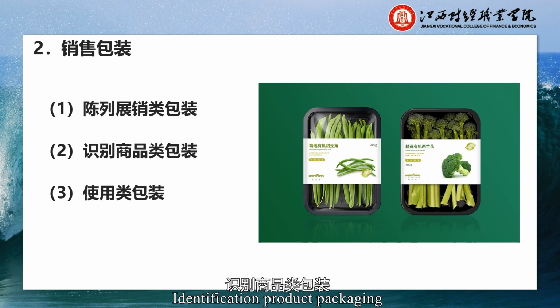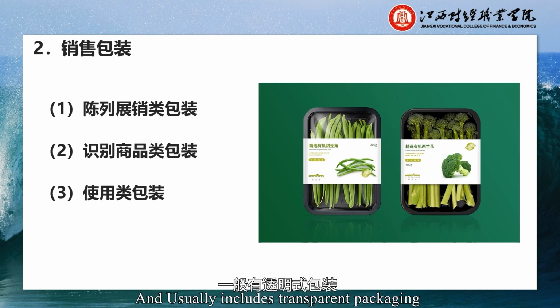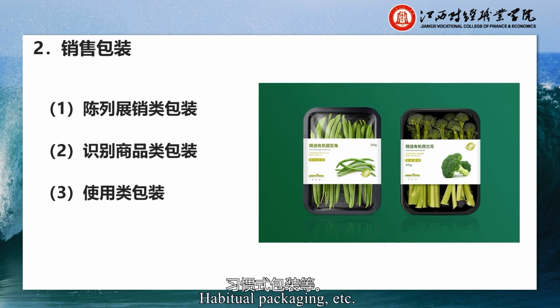Identification product packaging allows consumers to visually identify products and usually includes transparent packaging, open packaging, habitual packaging, etc. Usage packaging is designed for convenience in carrying and using, and typically includes portable packaging, easy-to-open packaging, spray packaging, gift packaging, etc. The decoration, patterns, and colors of sales packages should adapt to the national customers and the preferences of the relevant countries.